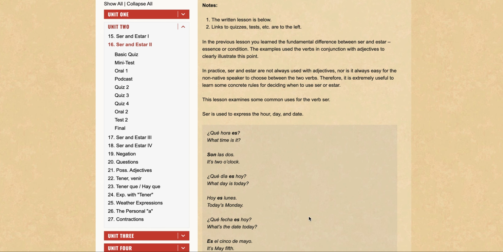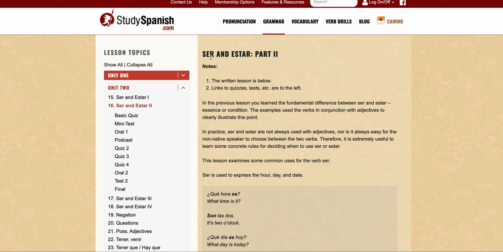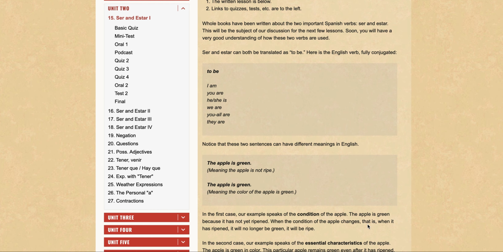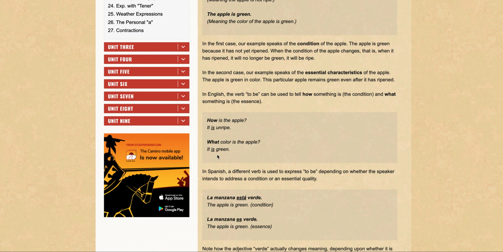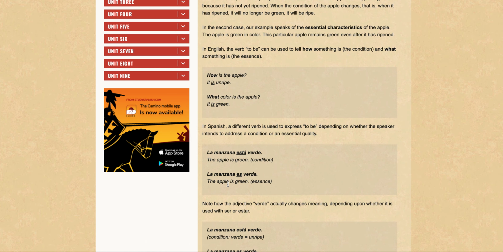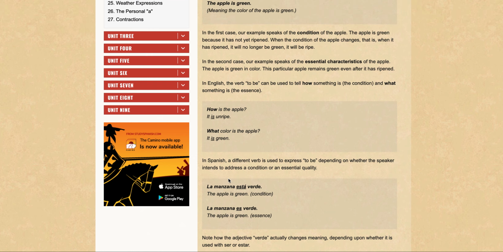This section is mainly covering ser, and as we know, ser is used to express the essential characteristic, right? So for instance, la manzana es verde, so it's talking about the color, right?